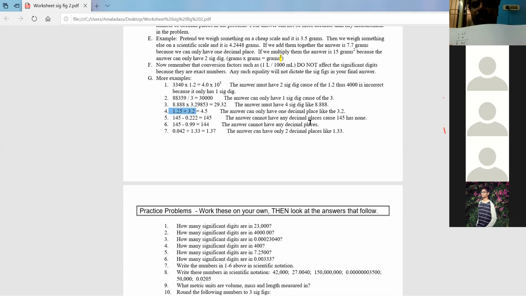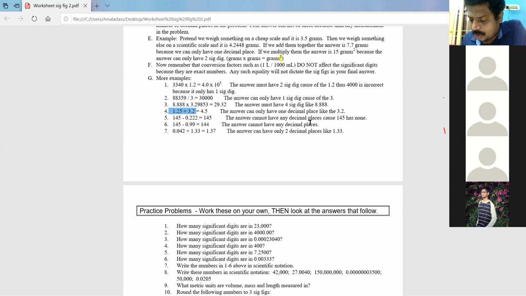You can round it off and give the answer as 4.5, because the answer should be in one decimal place, as that is the least decimal place, and we are rounding also. That's why the answer should be 4.5. Okay, clear? Clear or not the first problem, because you will have to solve some problems. Yes, sir.